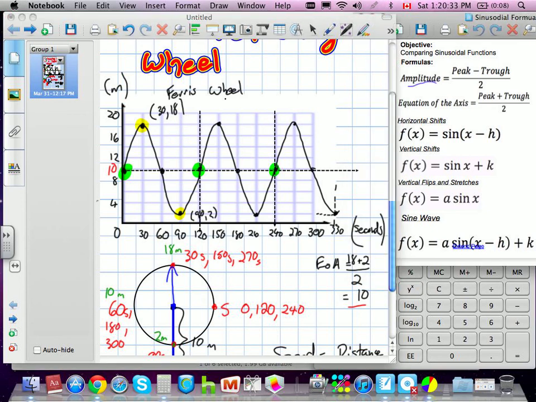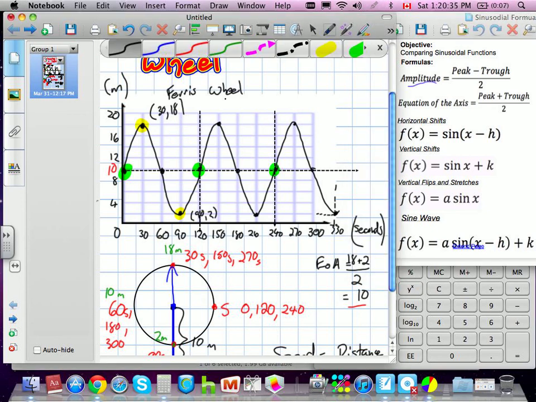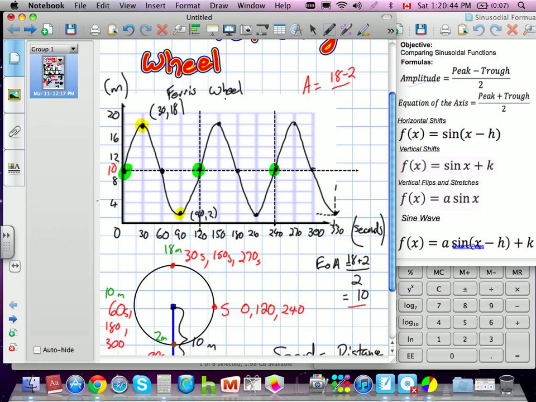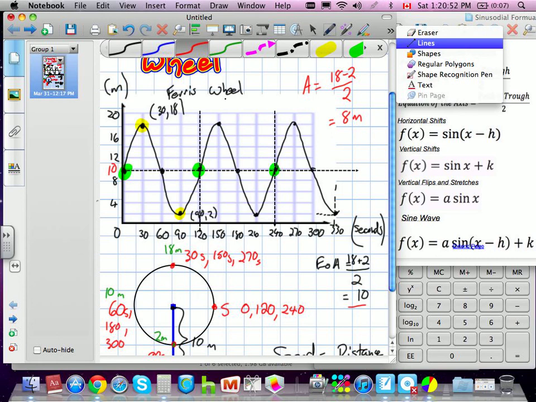Yeah, and there's a specific name for that. That's called the amplitude. So we need to also find the amplitude of this. In this case, our amplitude is what? Amplitude is equal to, yep, divided by, which is going to give us, that's right. So our amplitude is 8 meters.